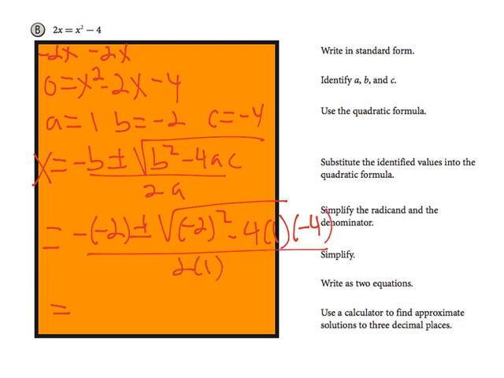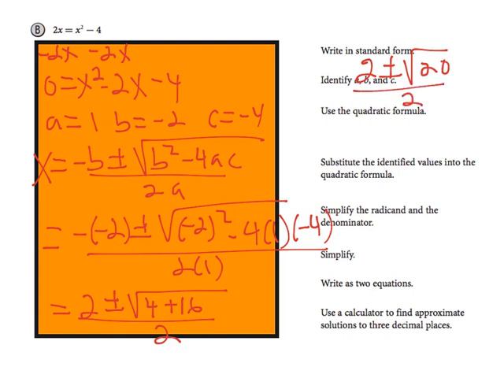Right? So negative negative 2 gives us a positive 2, plus or minus the square root of 4, since negative 2 squared is 4, and 4 times negative 4 is a positive 16, all divided by 2. So this gives us 2 plus or minus the square root of 20 over 2.